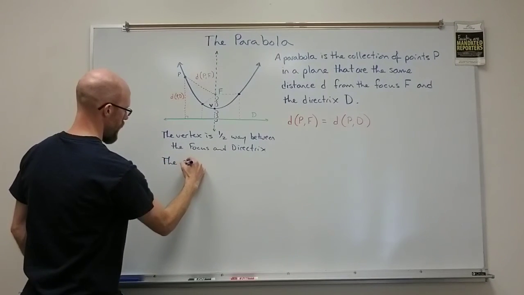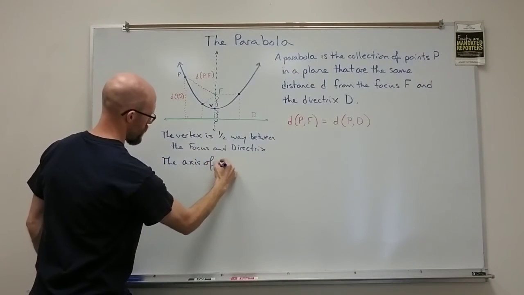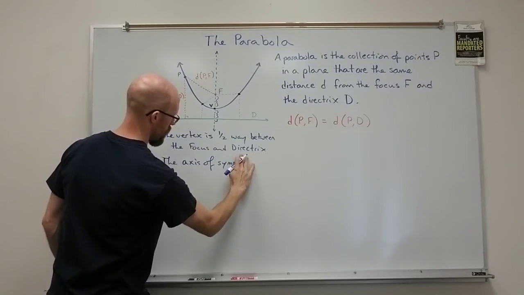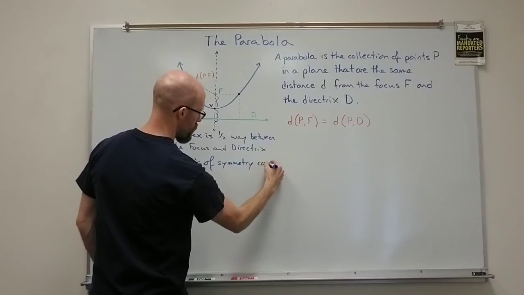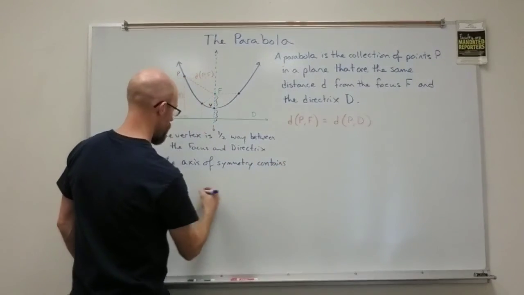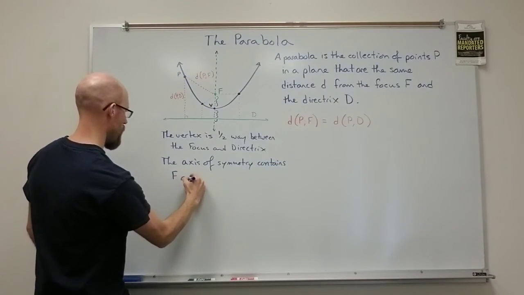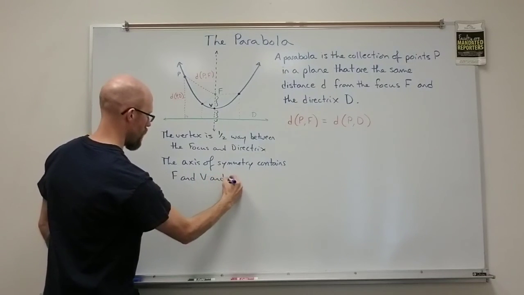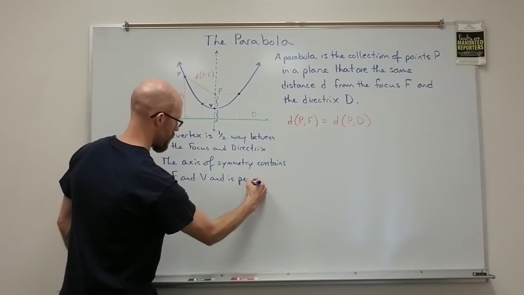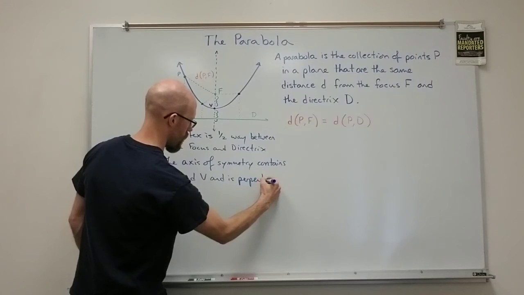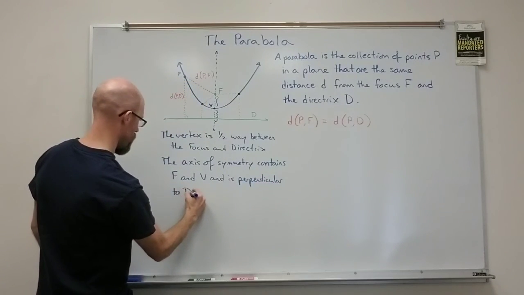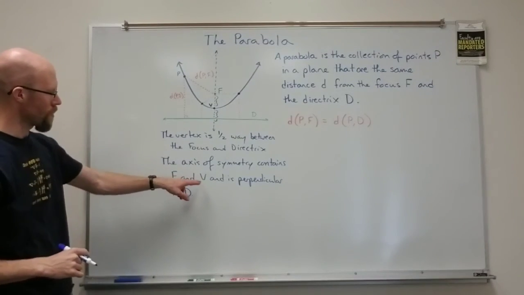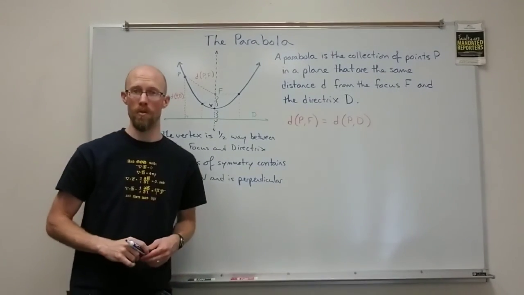The axis of symmetry contains F and V and is perpendicular to D. So it contains the focus and the vertex and is perpendicular to the directrix.